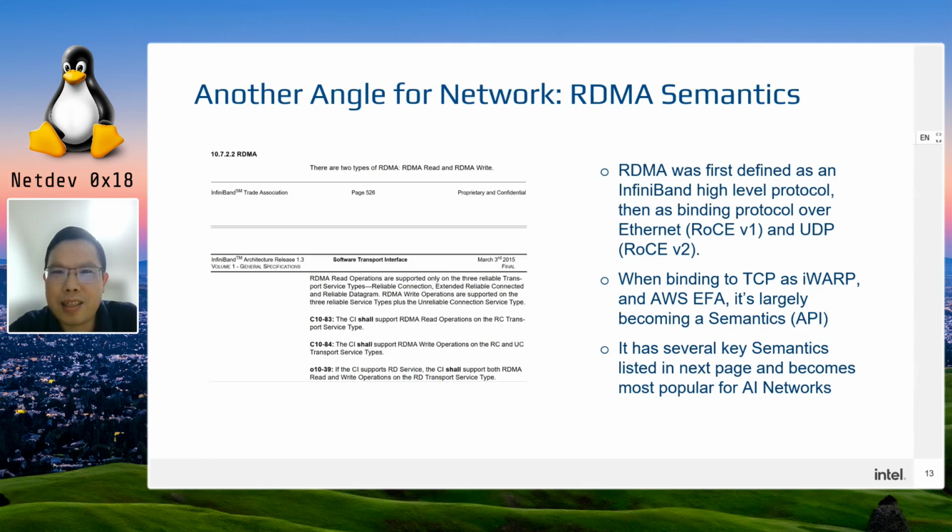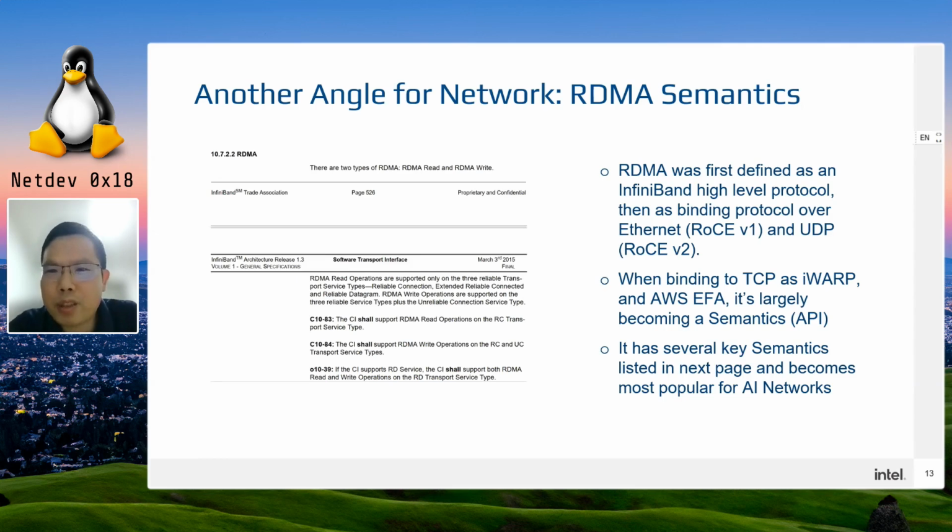But in this talk, we are trying to argue that TCP has the same capable semantic for the AI network as RDMA.